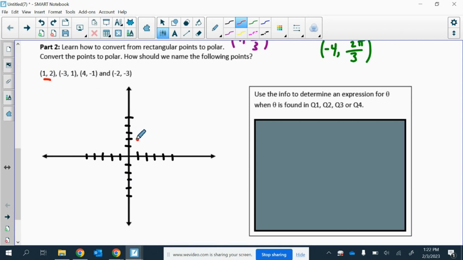So I'll plot 1, 2, negative 3, 1, 4, negative 1, and negative 2, negative 3. So what we're going to do is convert each of these.